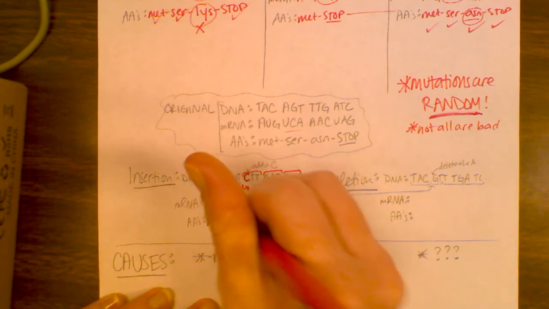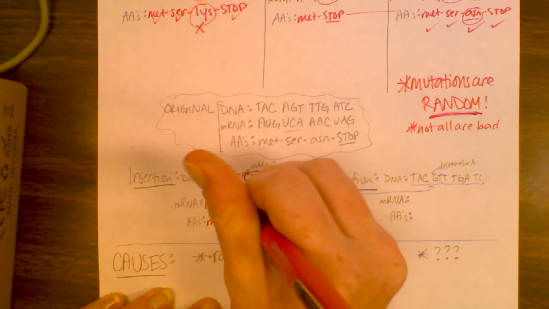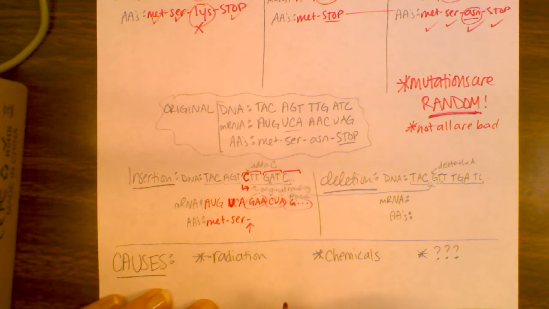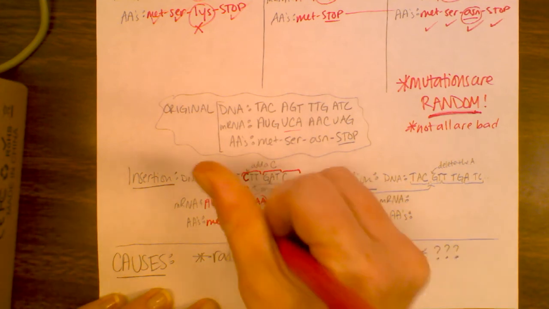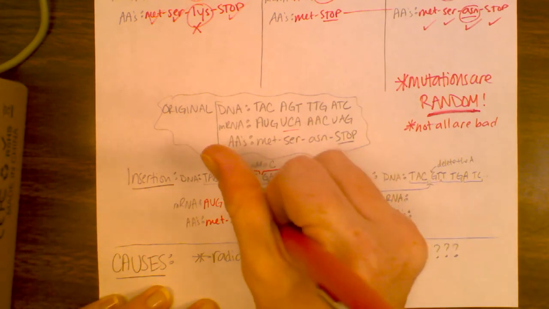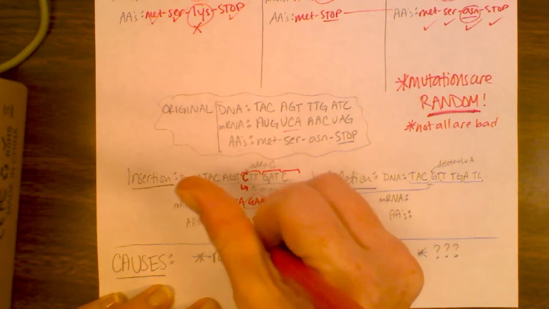Oh, wait, no, just kidding. That's not where the mutation happened. The mutation happened right there. So that means these are different. So then GAA is glutamate. CUA is leucine. And then we're kind of left here hanging at the end. So everything after here changed.